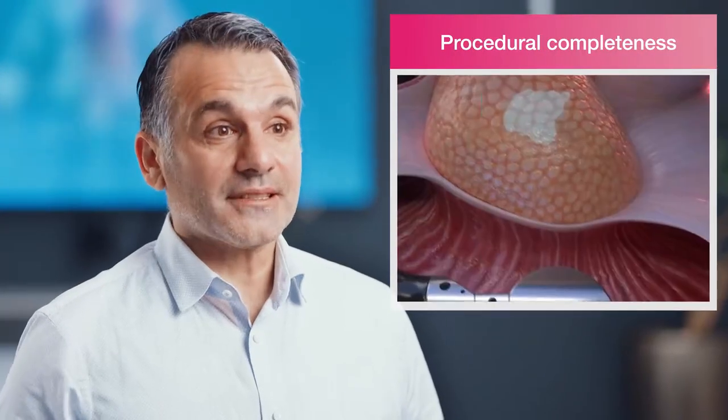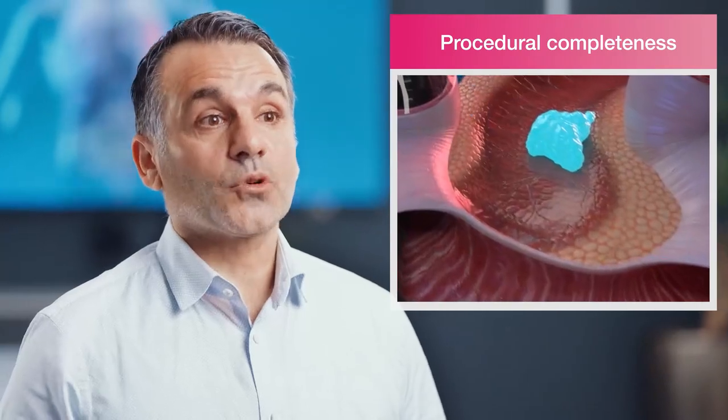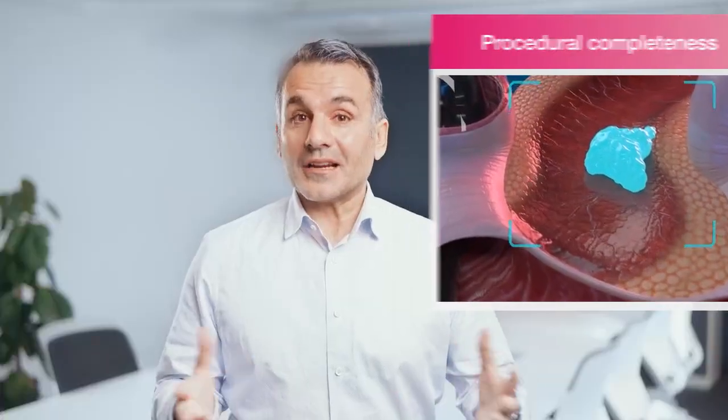For those earlier in their EUS learning curve, My Companion offers orientation support, highlighting pancreatic tissues in general, as well as showing the different regions of head, body, and tail, giving users real-time awareness of where they are during the procedure. The AI highlights regions of interest and tracks procedural completeness, encouraging good scanning habits from the start.